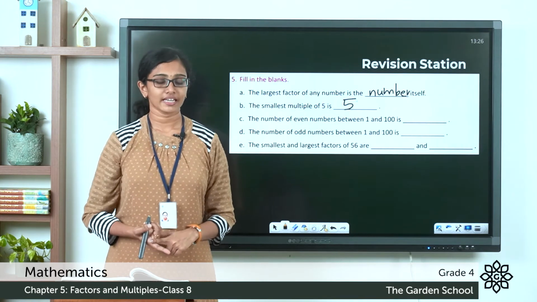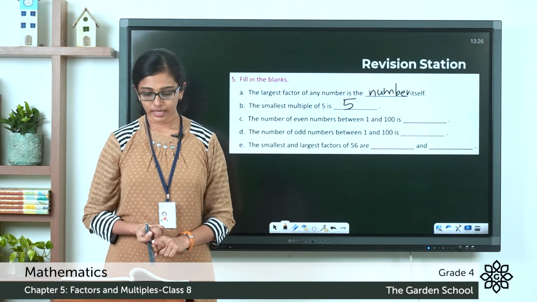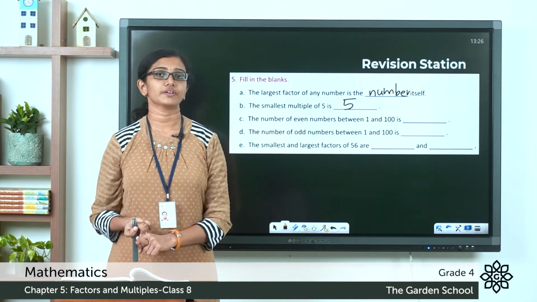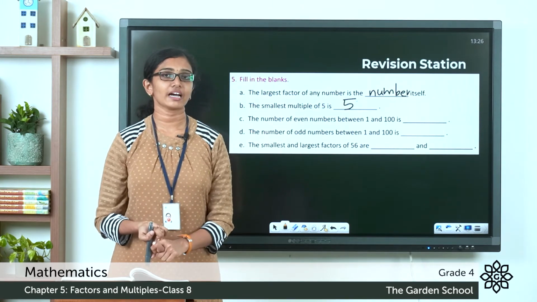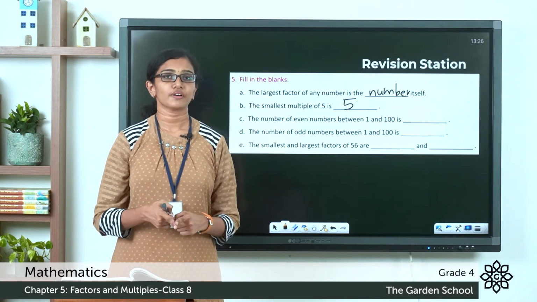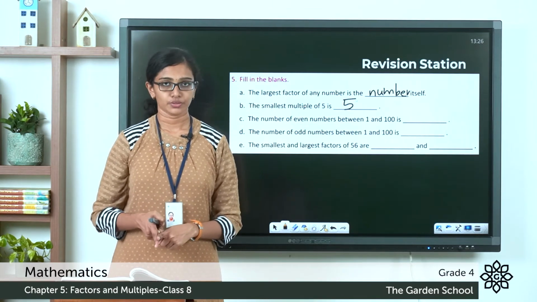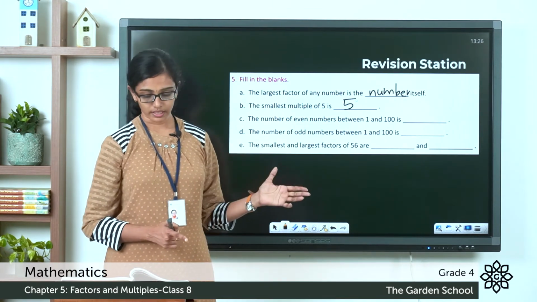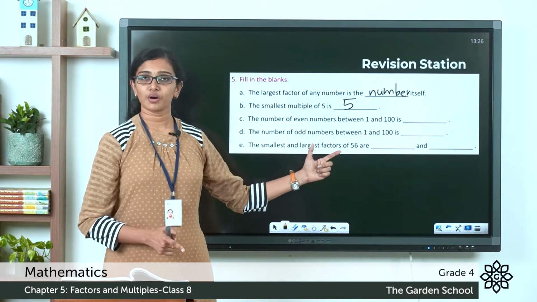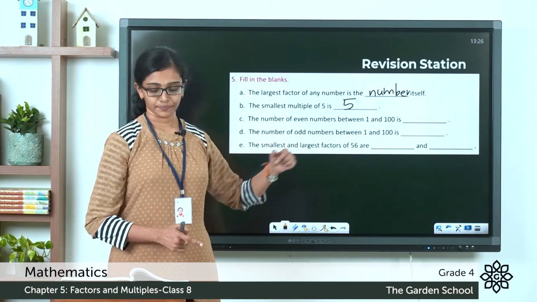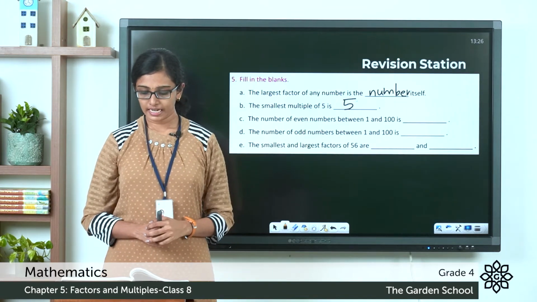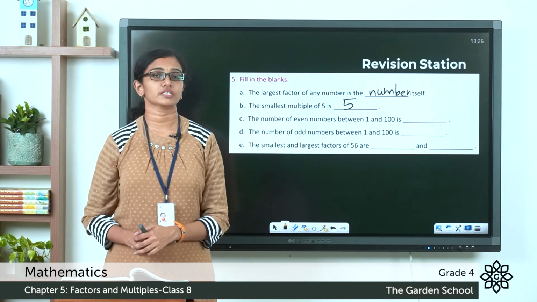Similar is the case with the next question. The number of odd numbers between 1 and 100 is dash. Odd numbers end in 1, 3, 5, 7 or 9 and they are not divisible by 2 as well. So, you write down all the odd numbers between 1 and 100, count the number and write it over there. Now, the smallest and the largest factors of 56 are dash.